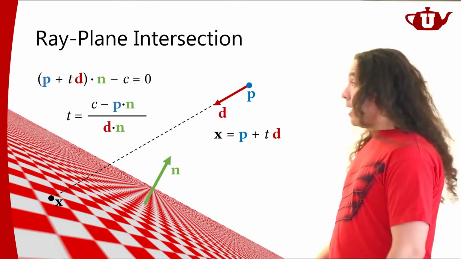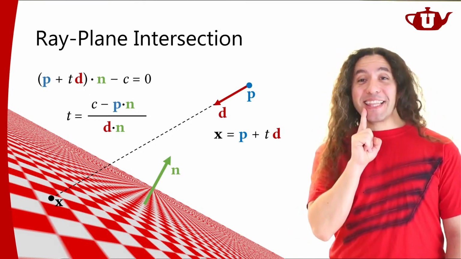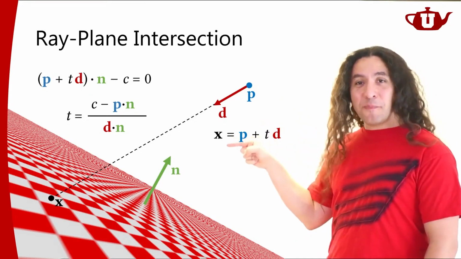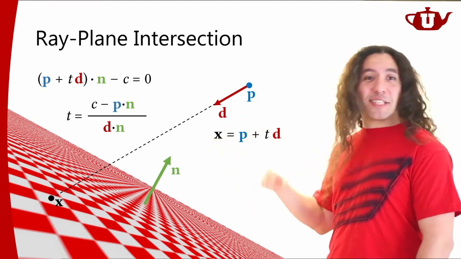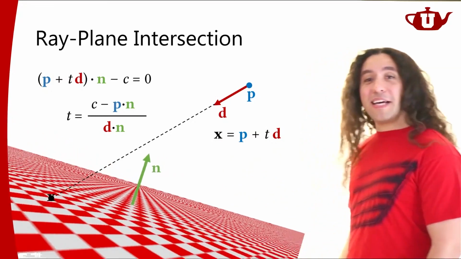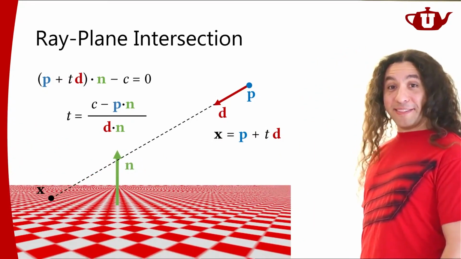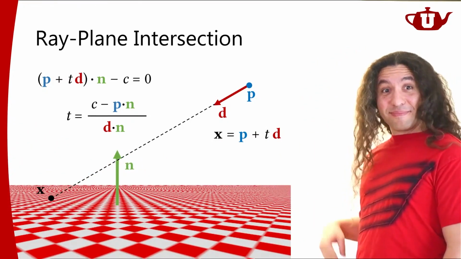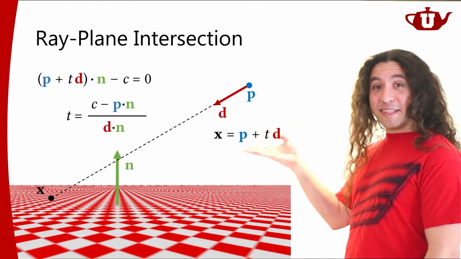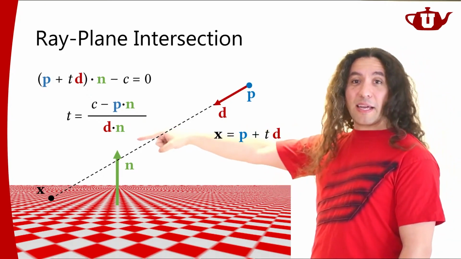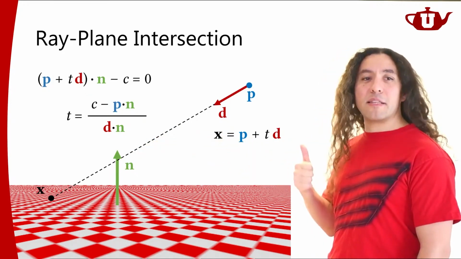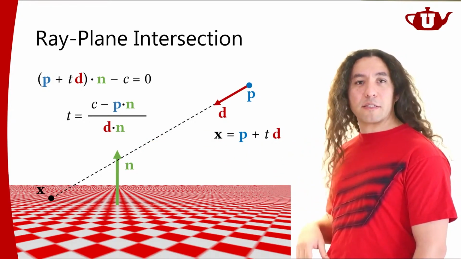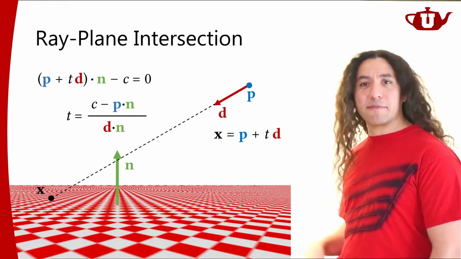Good. All right. Actually, there's something a little bit simpler than this even. That is, if this plane is not just an arbitrary plane, but an axis-aligned plane. If this is an axis-aligned plane, that means my plane normal is either x direction, y direction, or z direction, or negative x, negative y, negative z, right?